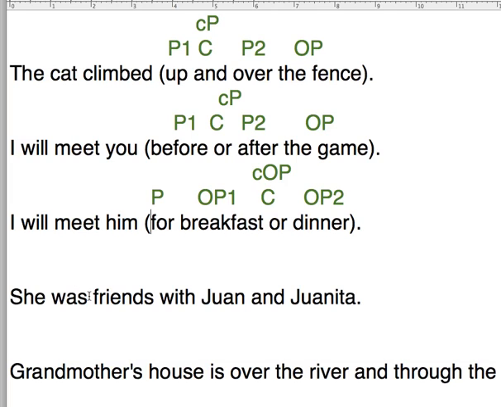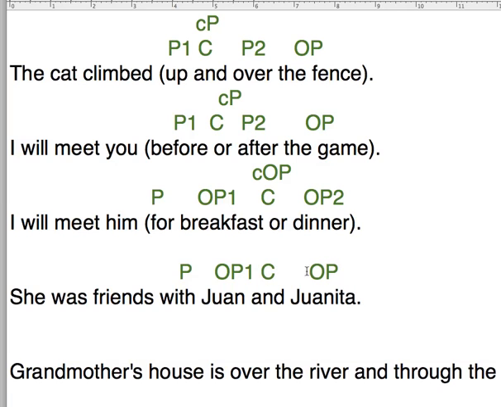Let's look at the next one. She was friends with Juan and Juanita. With is our preposition. With whom? With Juan. That's our OP. We use capitals here. OP. And with Juanita. So that's our OP. And we see there's a connector in between them. So Juan is an OP1.